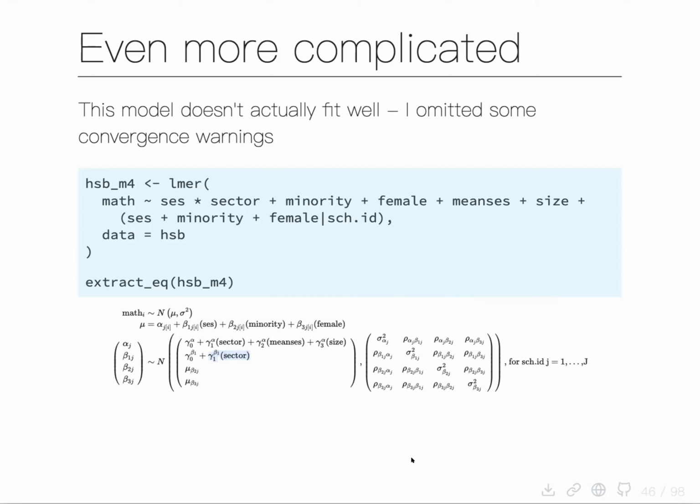So you can talk about that in your paper, right? You'd say, although theoretically you could think of reasons why the minority slope might randomly vary, there wasn't enough variability in our data, and so we assumed that it was fixed because we ran into convergence warnings if we tried to model it as random, right?